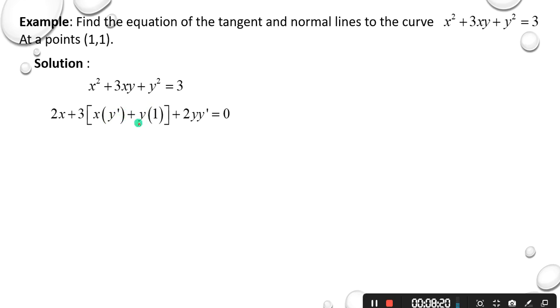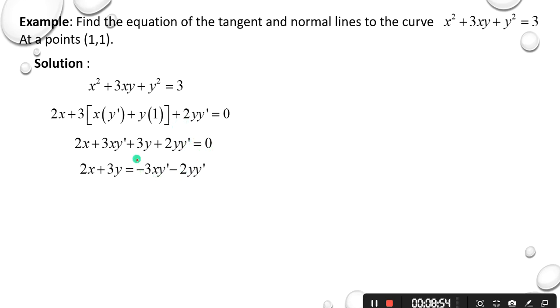Plus y, and the derivative of x is 1, plus the derivative of y squared is 2y y prime, equals 0. The derivative is 0. And distribute the 3 to the two terms of the equation: 2x plus 3x y prime plus 3y plus 2y y prime plus 0.